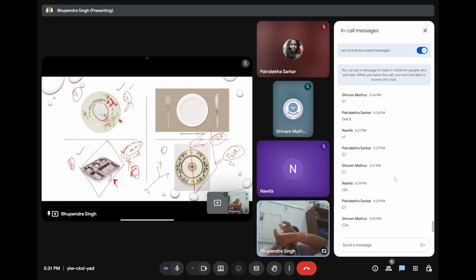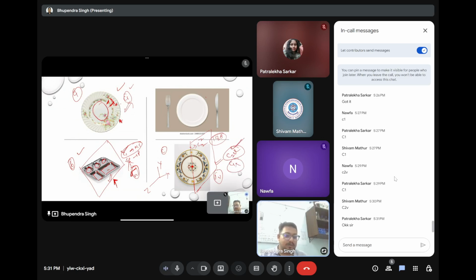This plane contains the principal axis of rotation and bisects your plate into equal pieces. So sigma v is present. So yes, the point group is C2v definitely. Patlekha, your answer is wrong. The other two, Shivam and Nafa, you guys are right.